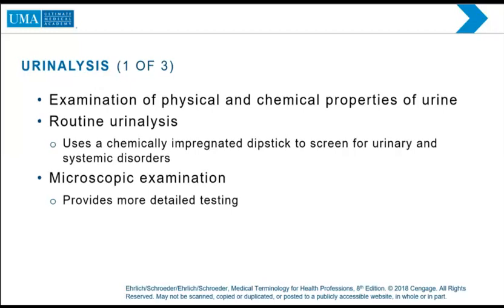Urinalysis. This is the examination of physical and chemical properties of urine. A routine urinalysis uses a chemically impregnated stick to screen for urinary and systemic disorders. Microscopic examination provides more detailed testing.